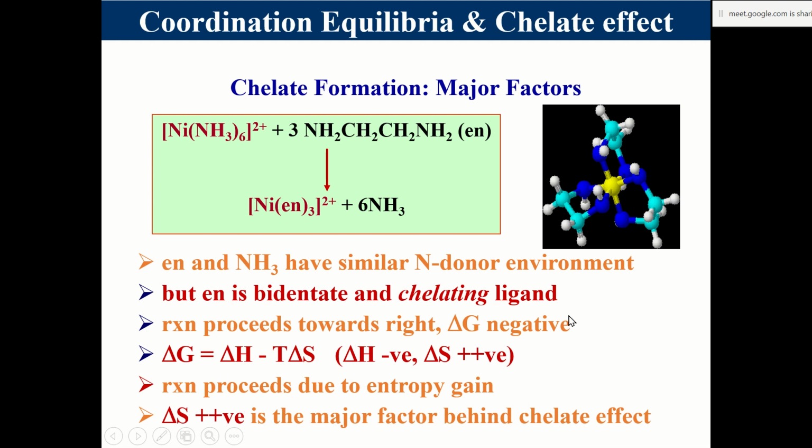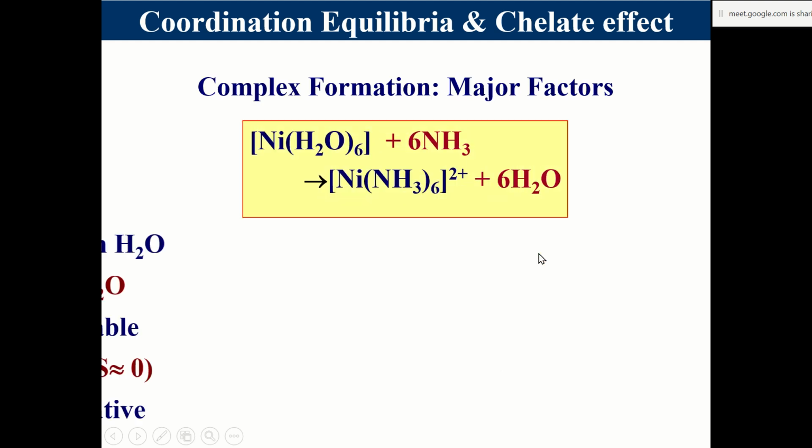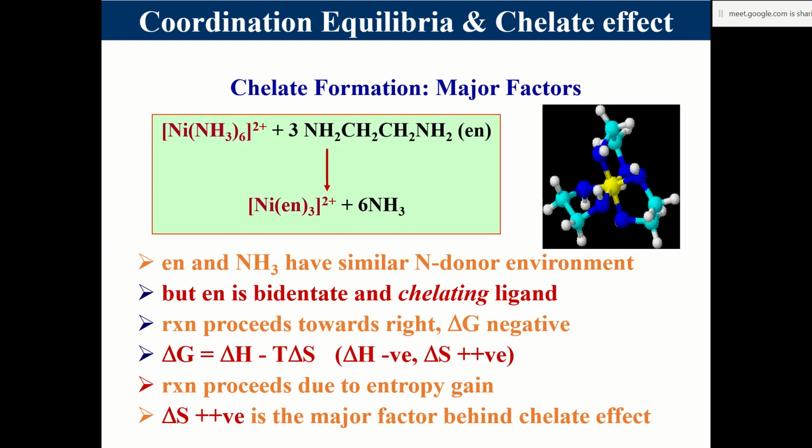Delta G is negative. Now we are just trying to finish it. So this is how we interpret things. Chelate form: when the chelate ring is formed, see here, [Ni(NH3)6]. In this particular case, here also you have nickel-nitrogen bonds. Here also you have nickel-nitrogen bonds.